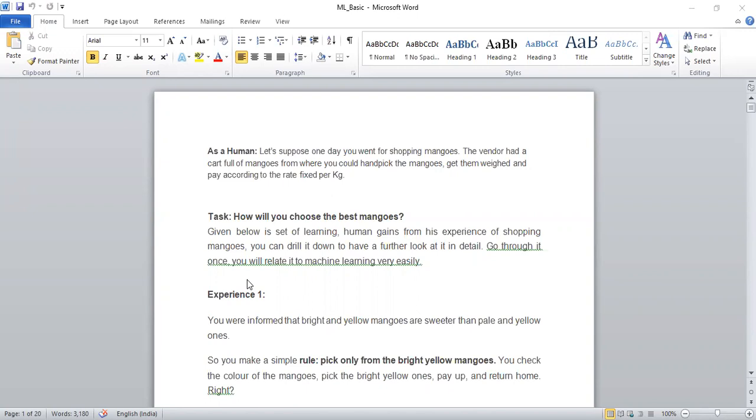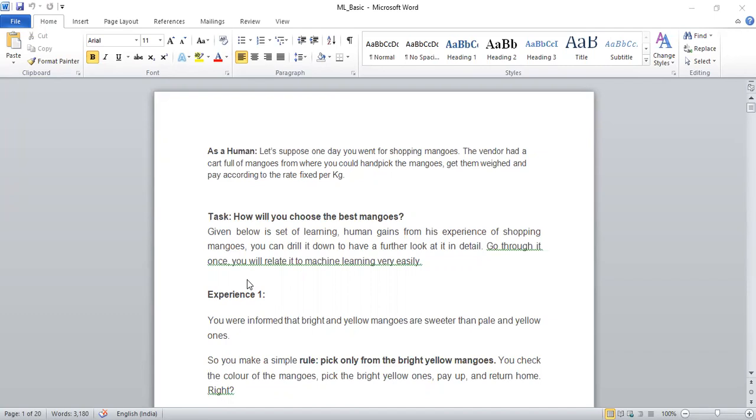Let's suppose one day you went for shopping mangoes. The vendor, means supplier, had a cart full of mangoes from where you could hand pick the mangoes, get them weighed and pay according to the rate fixed per kg.